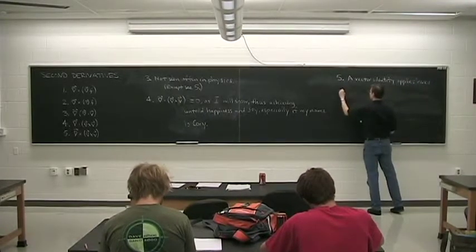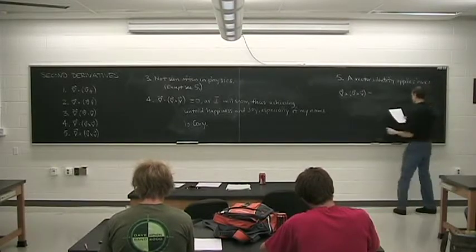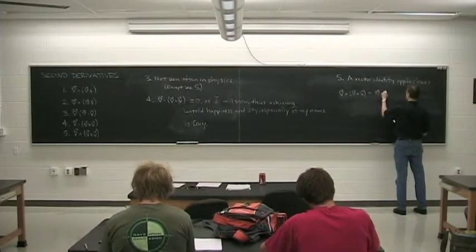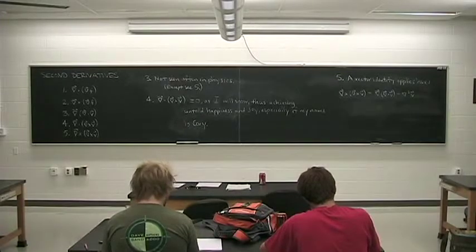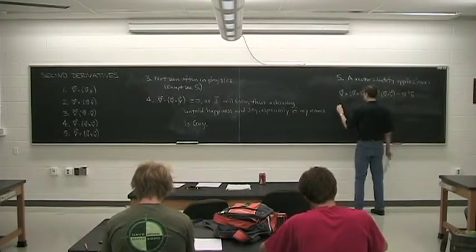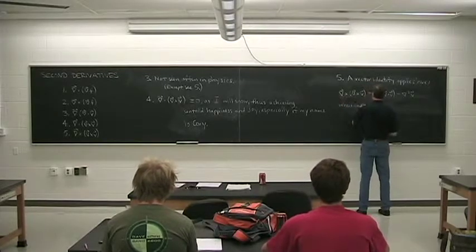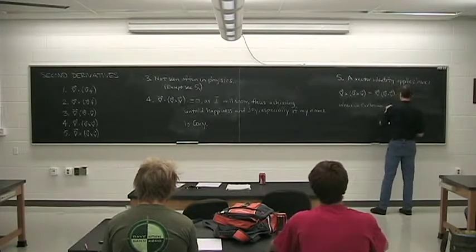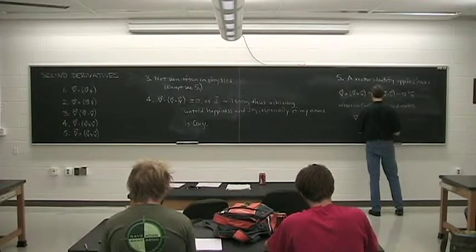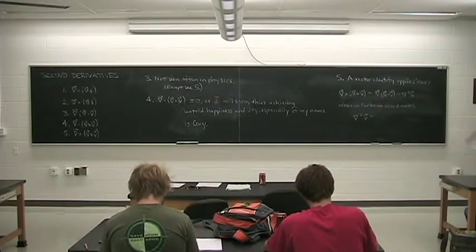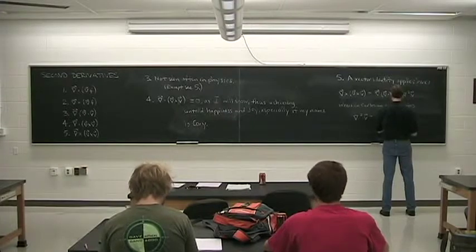As I mentioned before, curl curl V is equal to grad div V minus del squared V. Now we've defined the Laplacian for a scalar function in Cartesian coordinates, it works out that the thing that you need in order to make this identity true is to define grad squared v as just being the sum of the Laplacians of the individual components.